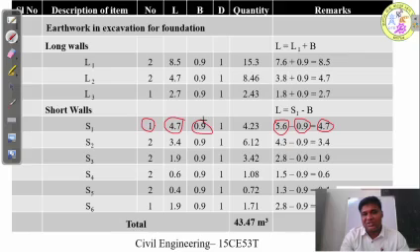The width of excavation is 0.9 meter, and the depth is 1 meter. So 1 into 4.7 into 0.9 into 1 will give me 4.23, the quantity of wall S1.